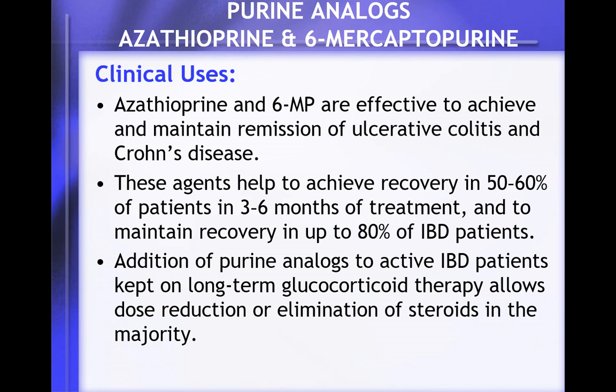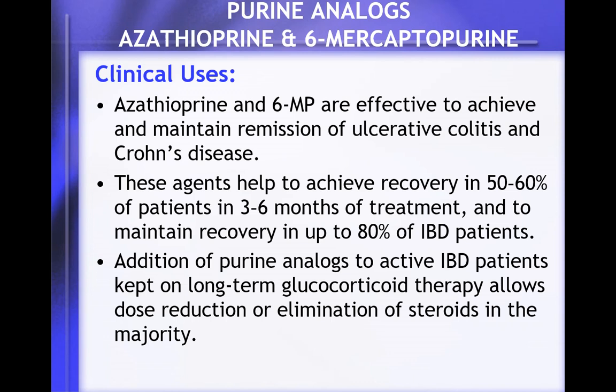Remission means recovery from ulcerative colitis and Crohn's disease. These agents help to achieve recovery in 50 to 60% of the patients in 3 to 6 months of the treatment, and to maintain recovery in up to 80% of the IBD patients.